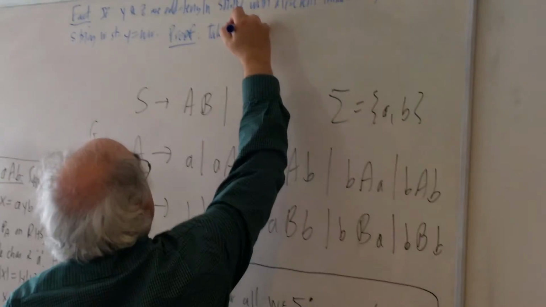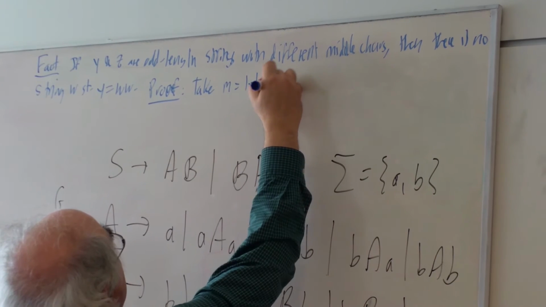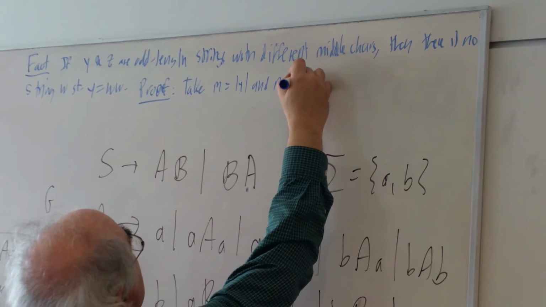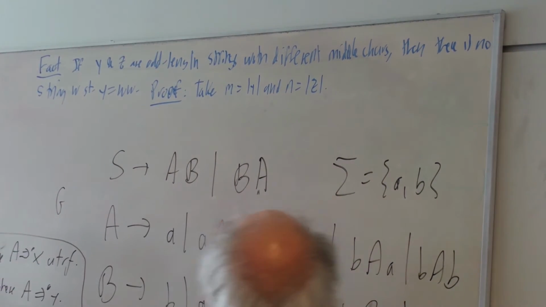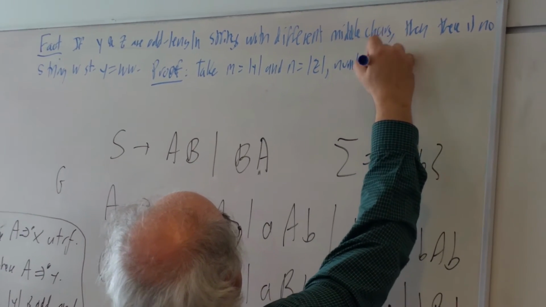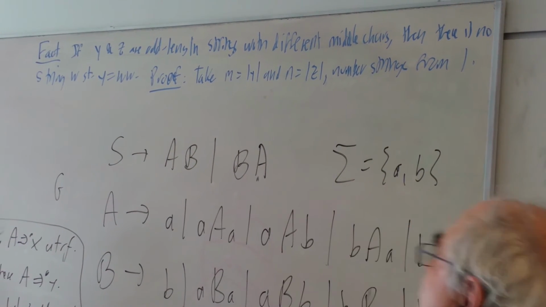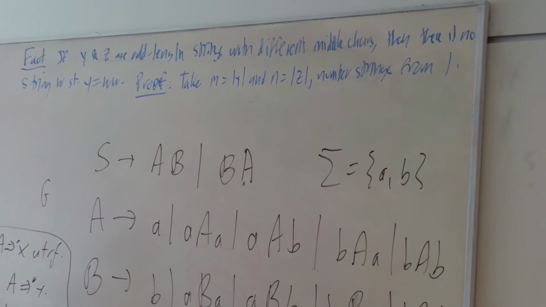take M equal to the length of Y and N equal to the length of Z. Let's number strings from 1.